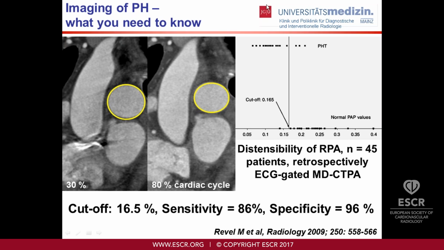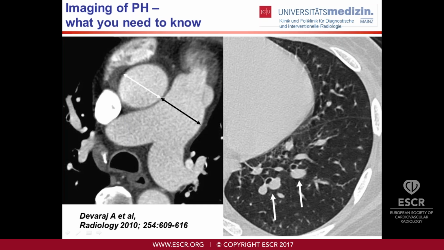And if you have a retrospectively ECG-gated CT dataset, you can also take a look at the cross-sectional area of the right pulmonary artery at the different cardiac phases, and you can get some cutoff values where you can also detect pulmonary hypertension with a high accuracy.